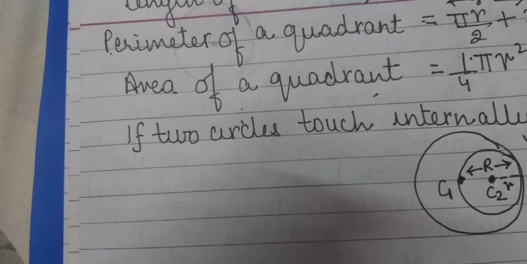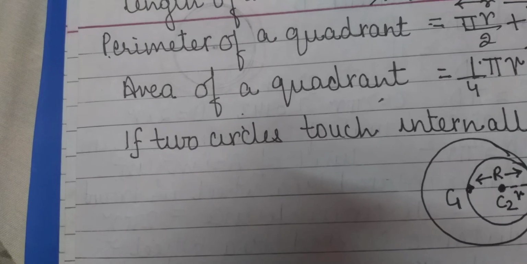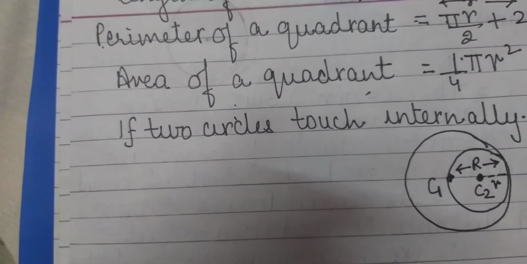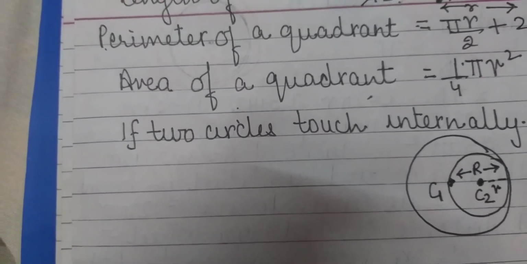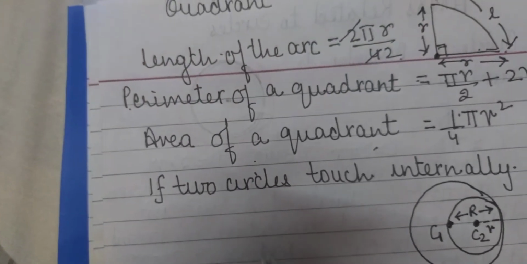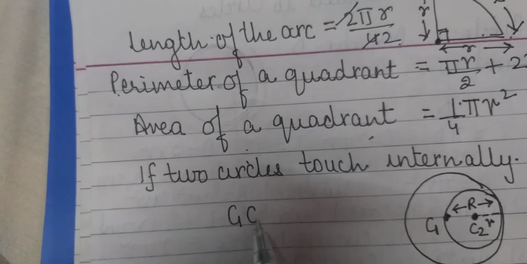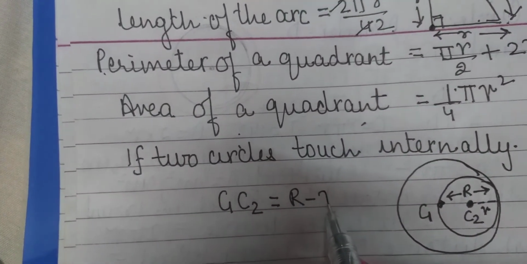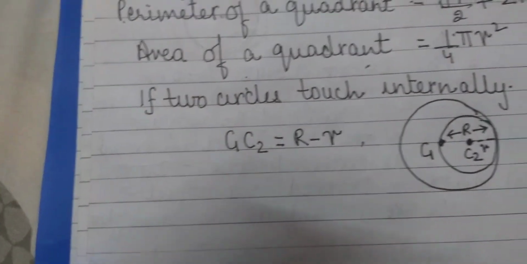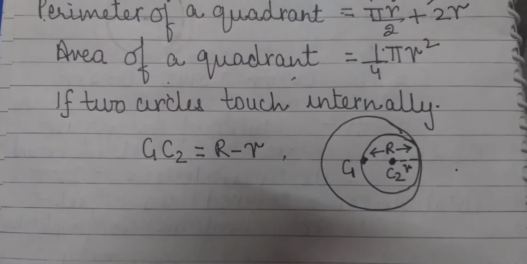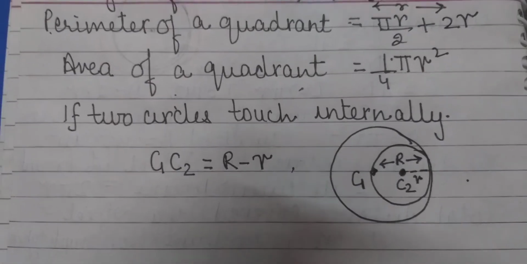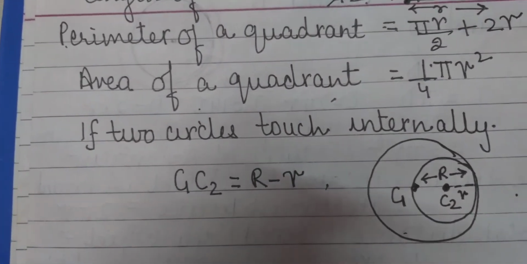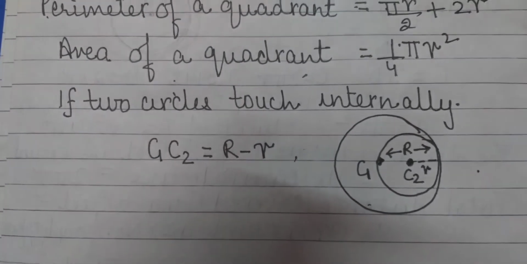So if I say in this case, what is the distance between the centers? The distance between the centers is C1C2. How much is it equal to? It is difference of the radii. Is that clear to you? If two circles touch internally, then the distance between their centers is equal to difference of their radii.